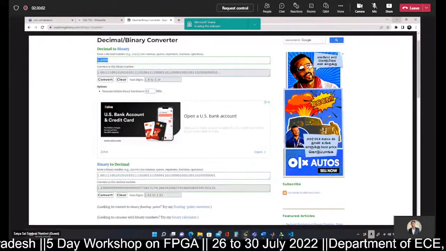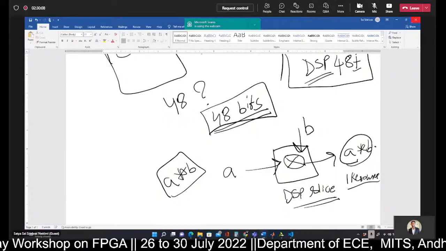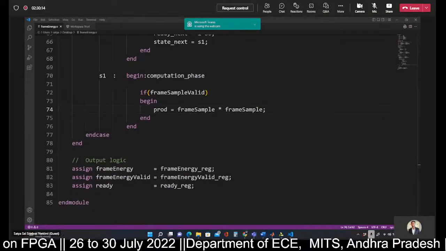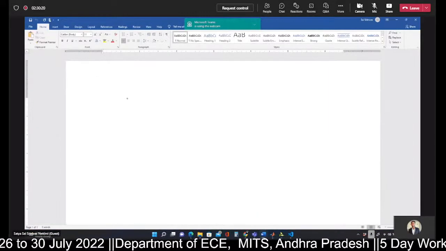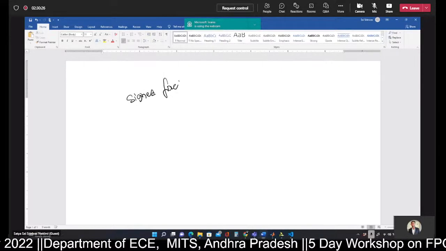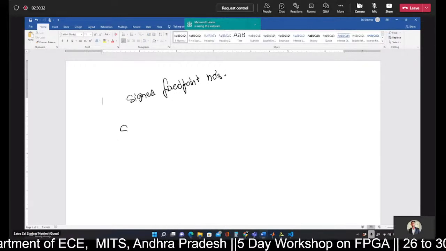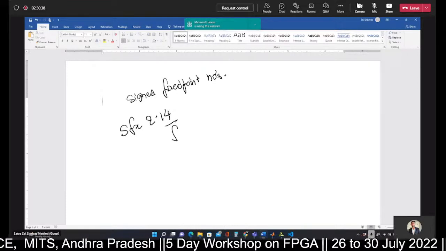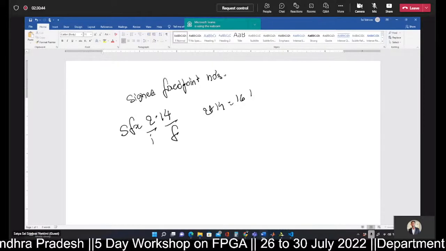One more important concept: we are dealing with signed fixed point numbers, that is SFX 2.14, with 14 fractional bits and 2 integer bits, so 2 plus 14 is 16 bits.